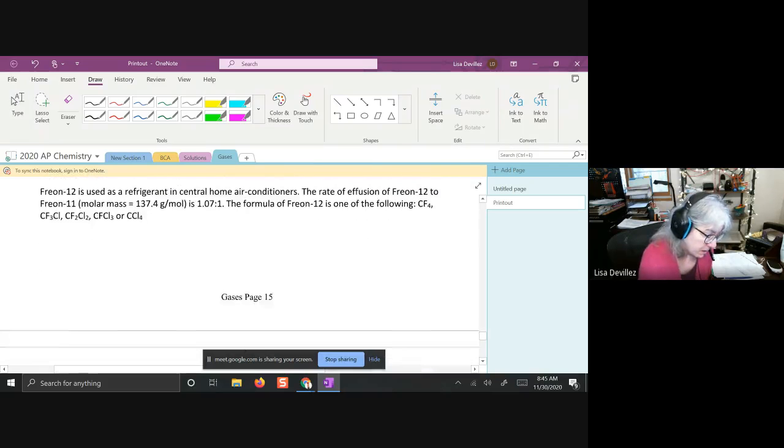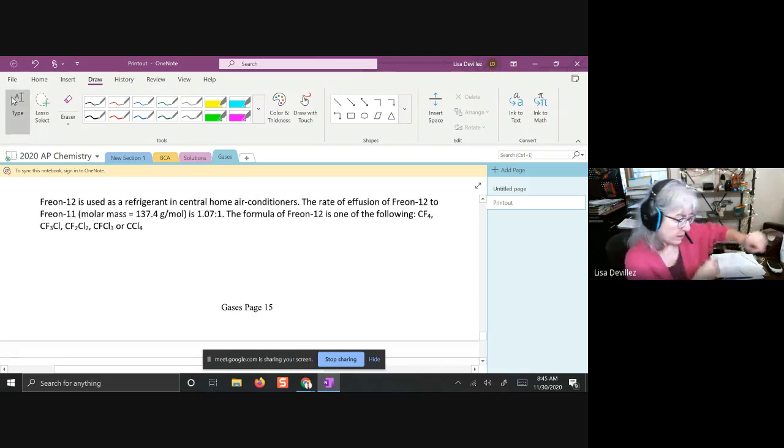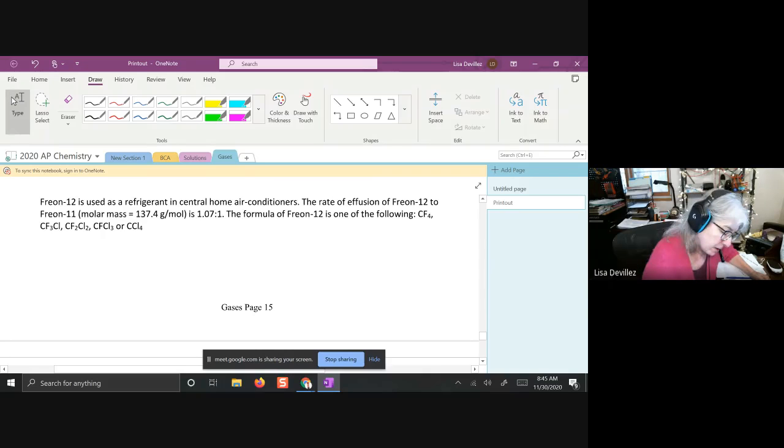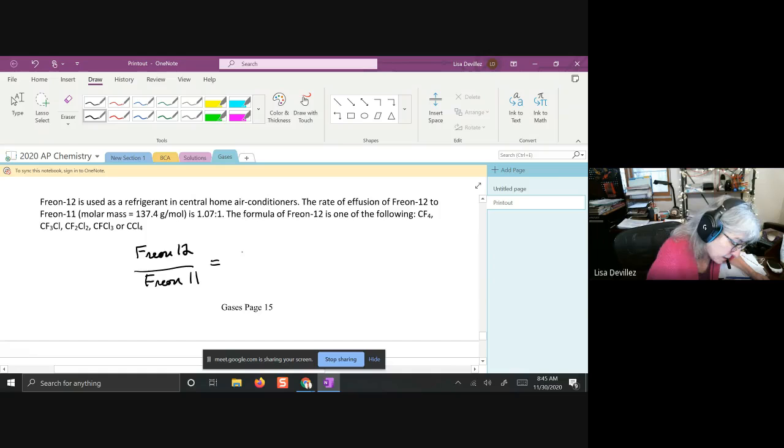All right. I think there's one more example problem like this. Let's see, Freon 12 to Freon 11. Okay, so I have Freon 12 to Freon 11. All right, so that rate is 1.07 to 1. And then that's going to be equal to, we know the molar mass of the Freon 11.